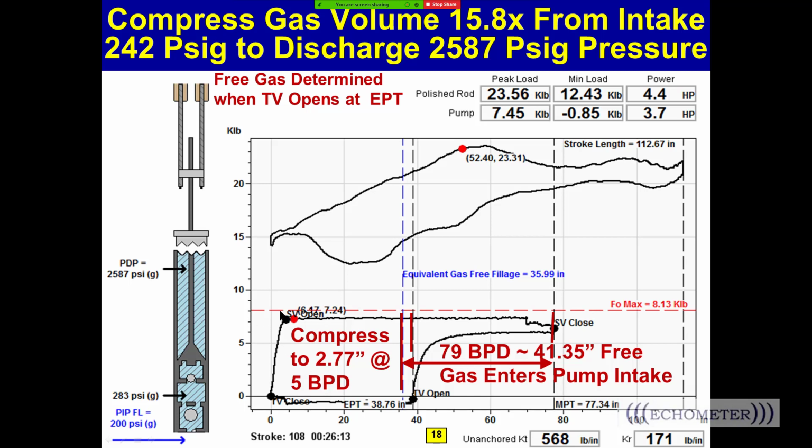So that's the example of compressing from 41.35 inches down to 2.77 inches with a 15.8 compression ratio, and we're losing 79 barrels per day of liquid production because the gas is interfering with our liquid entering the pump.